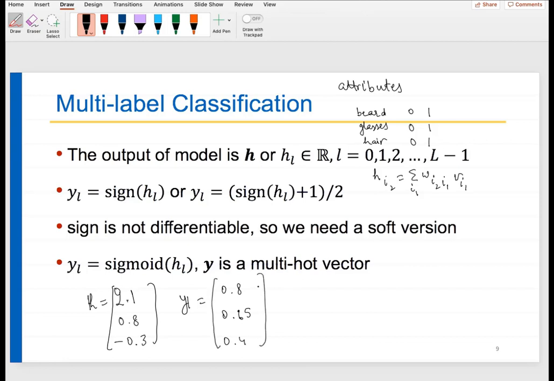But the thing is that each output is independent of each other, right? It will not sum to 1 for sure, but its values will be between 0 and 1. That is called a multi-hot vector. Okay, so basically my t is not y, but t is a multi-hot vector. My t could be 1, 1, 1, 0, 1, 1, 0, 0, 1, anything, 1, 0, 1, 1, 1, 0.